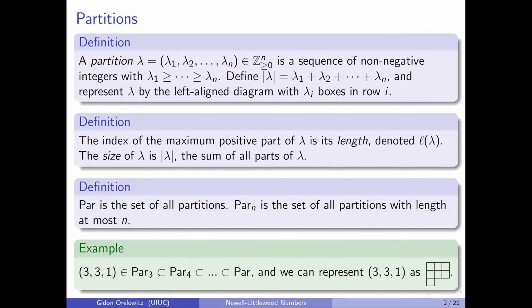We say the length of a partition is just how many rows it has. So this partition has length 3, and the size of the partition is just how many boxes it has. So in this case, this partition has 7 boxes.